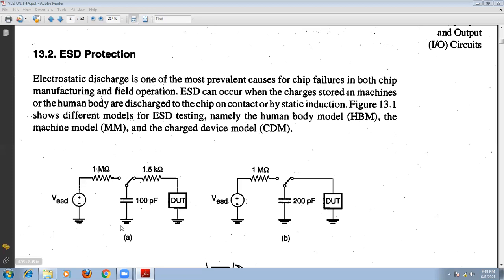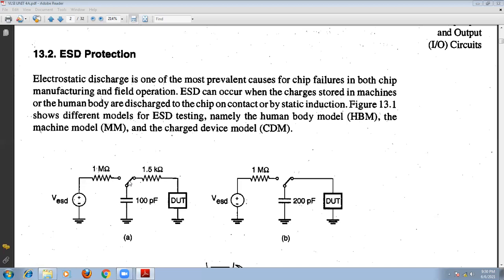This is the human body, because the human body stores an amount of energy, and that energy discharges to the ground through approximately 1.5 kilo ohms. So the human body can be modeled as a 100 picofarad capacitor and a 1.5 kilo ohm discharge resistor.